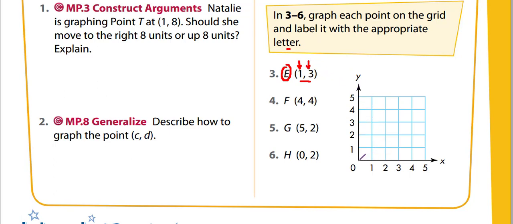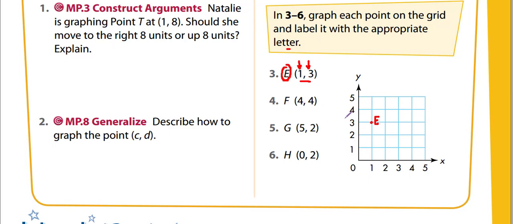So to the right 1, you will go like this, but don't draw anything, just go like that, 1, and then go upstairs 3 levels, like 1, 2, 3. So this will be the house E. Just put the point, no need to put 1 and 3, okay?